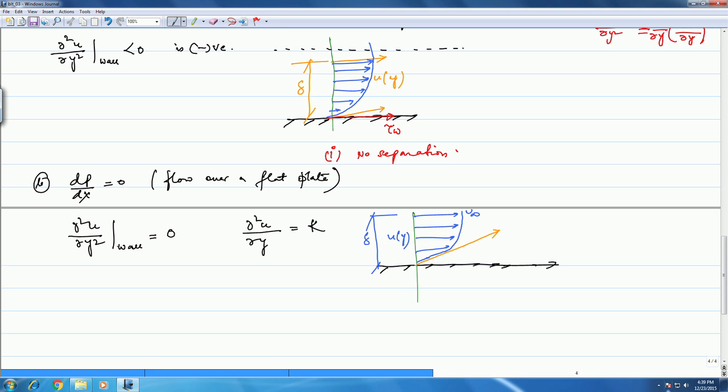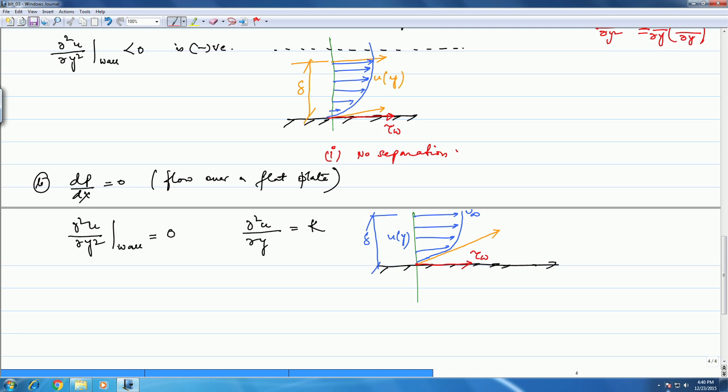And of course, we have tau wall, which is always going to act. This is tau wall. So what we're basically saying in this particular case is that ∂²u/∂y² is now 0 at the wall, and this is negative, of course, at the edge of the boundary layer.